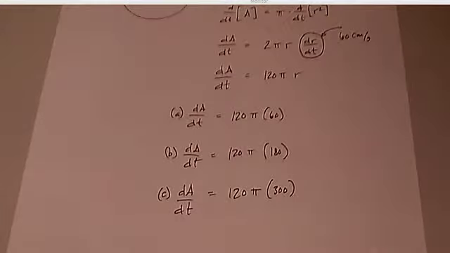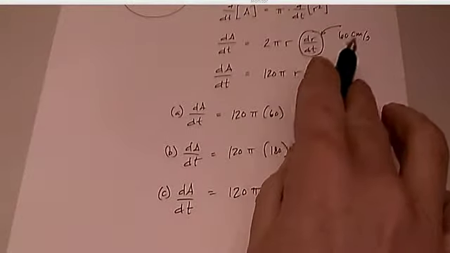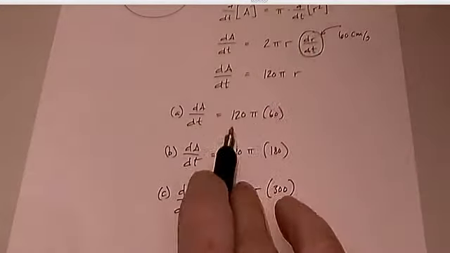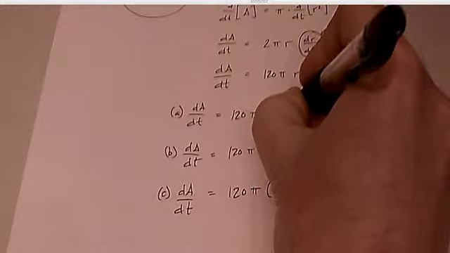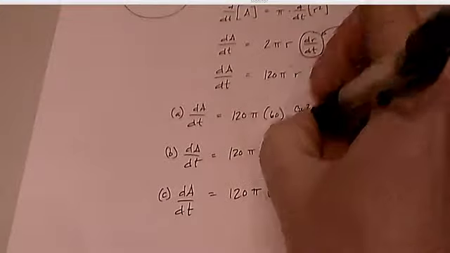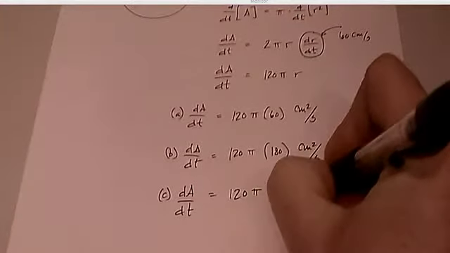And of course, I'm not a very good science person, since I haven't put the units on there, okay? Because centimeters per second is already included in this 120 pi, and therefore, this is centimeters squared per second, centimeters squared per second, and centimeters squared per second.